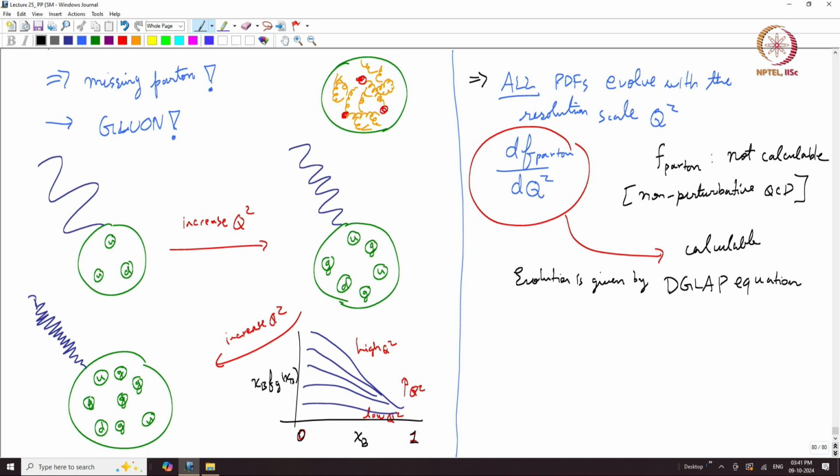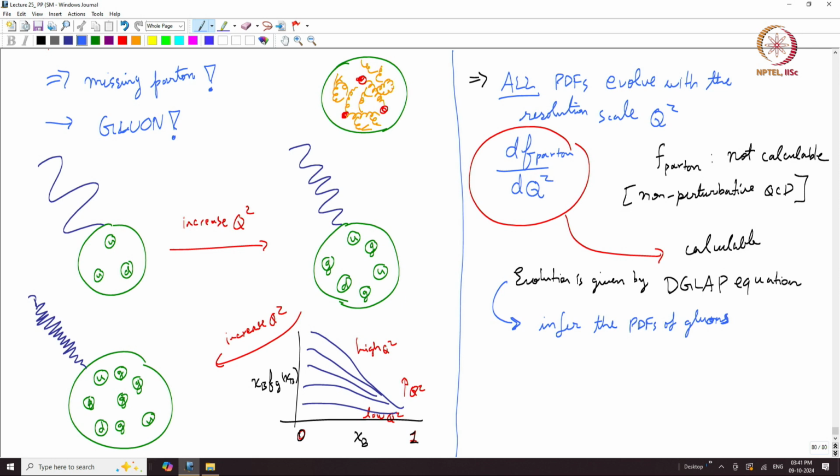Okay, it stands for some physicist names: Dokshitzer, Gribov, Lipatov, Altarelli-Parisi. Okay, in 2021, Parisi in fact got a Nobel Prize, not for this, but something related. Okay, so it is using this evolution that you can infer the presence and the PDFs of gluons. Okay, that is really what goes into getting the PDFs of the gluons.